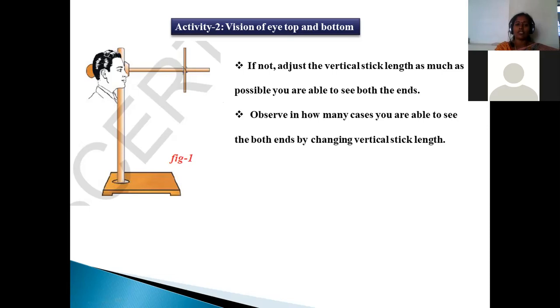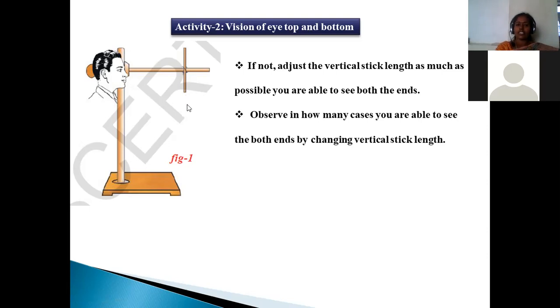This horizontal rod is fixed, and even one perpendicular vertical rod of 30 centimeters length is fixed to it. The human being expands his vision parallel with respect to this horizontal rod, and at the same time he is supposed to see the top of this vertical pipe as well as the bottom. It is not a matter of distance, it is a matter of the angle of vision.